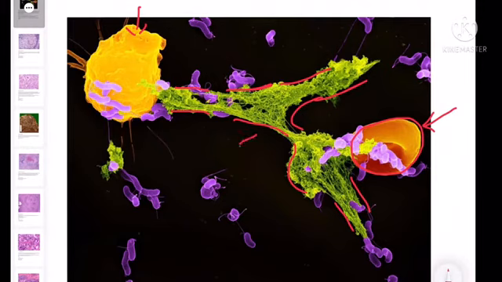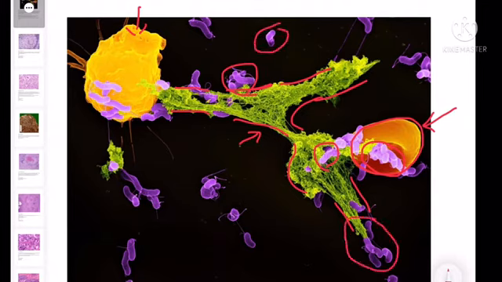So this cytoplasm and the nucleus trap multiple bacteria and kill them. As a result of this, the neutrophil is throwing its intracellular content, so there will be death of the neutrophil. But this death of the neutrophil is beneficial because it is killing a lot of bacteria. That's why it is called the beneficial suicide.